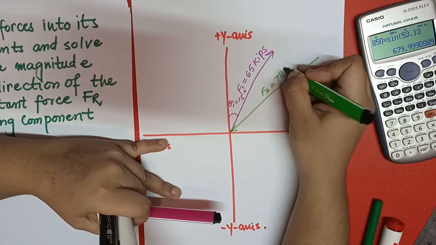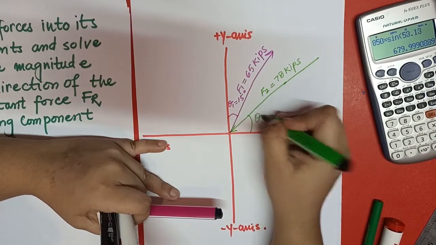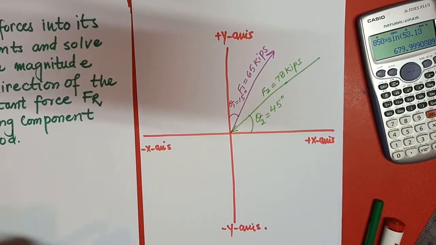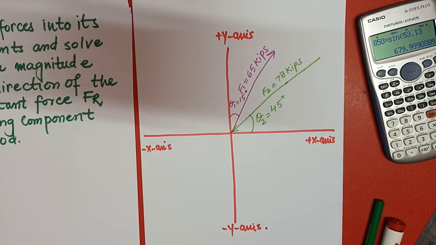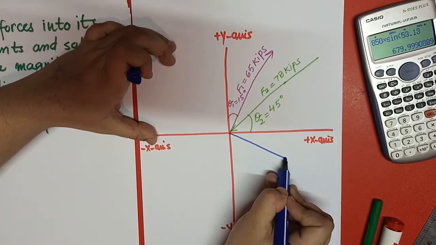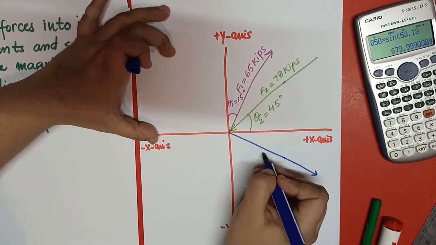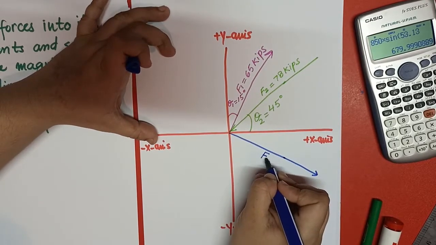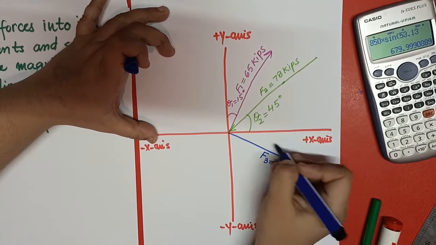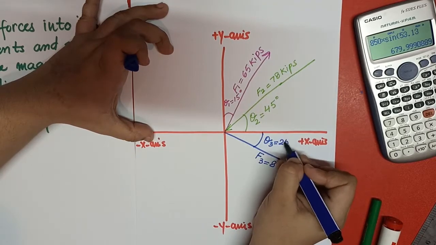So F2 equals 78 kips, and the angle theta 2 with respect to the positive x-axis is given in the question as 45 degrees. Next is another force, and it is more than 78 kips, so the size of this force must be greater. This is F3, 85 kips, theta 3 equals 25 degrees.